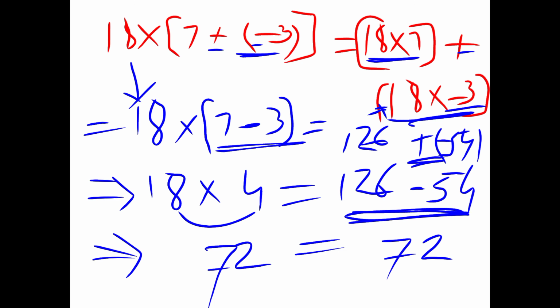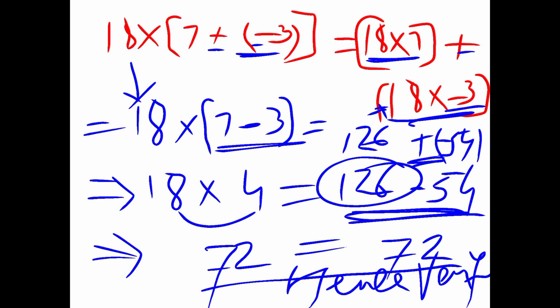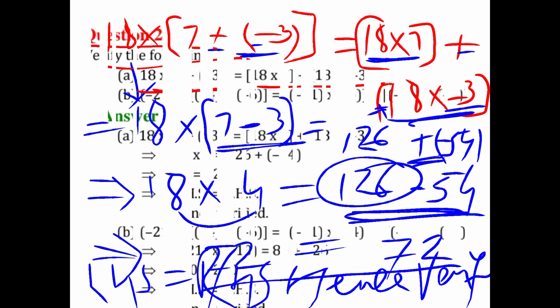The sign will be positive, the sign of the larger number, 126, is positive, so 72 is equal to 72, hence verified. So we can say that LHS is equal to RHS, hence verified. So this is how we can verify this.